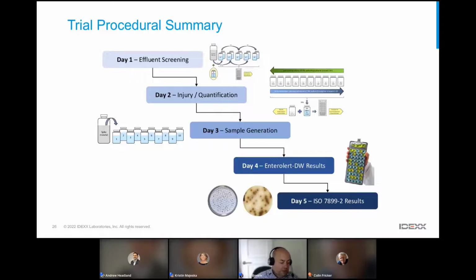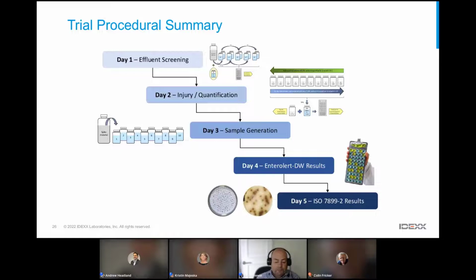So as Colin previously said, we do find Enterococci in drinking water and often more frequently than E. coli. However, for a trial purpose, for a statistical analysis, the numbers aren't so great. Therefore, we have to generate artificially contaminated samples. And so during each trial, we've used primary settled sewage effluent as a source of Enterococci.